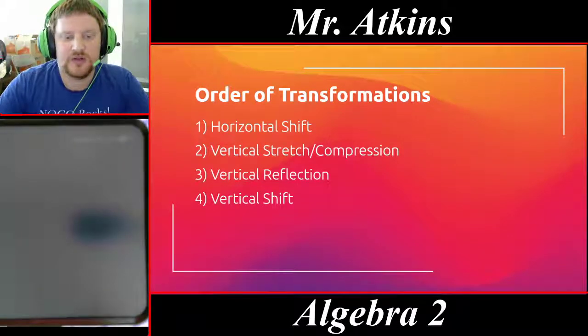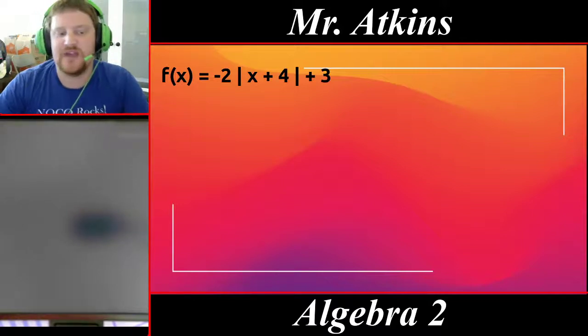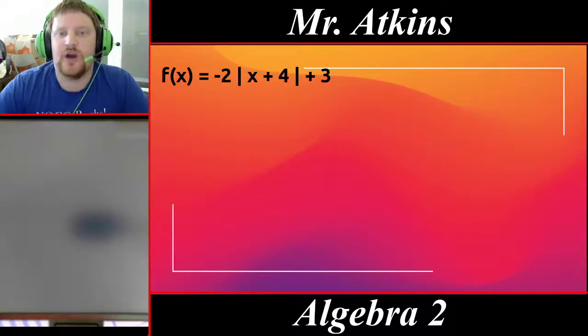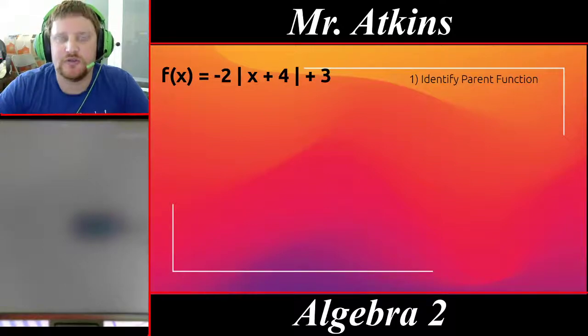So let's take a look at an example here. F of x equals -2 times the absolute value of x plus 4, plus 3. So as before, our first step will be to identify our parent function. Spoiler, for this unit, the parent function will always be the absolute value function.